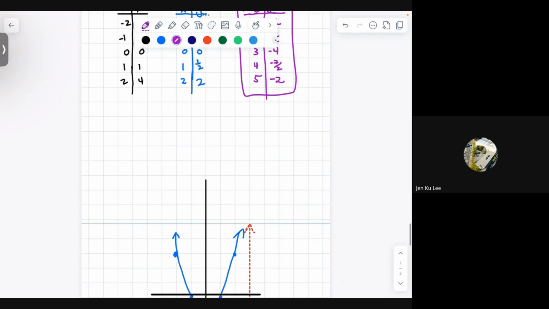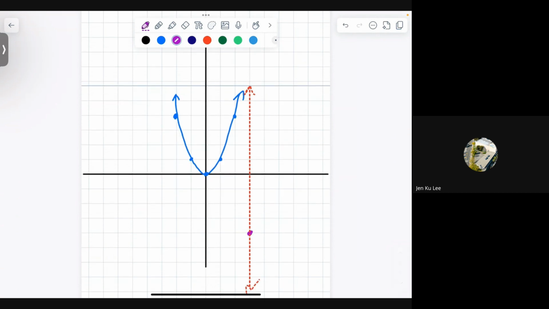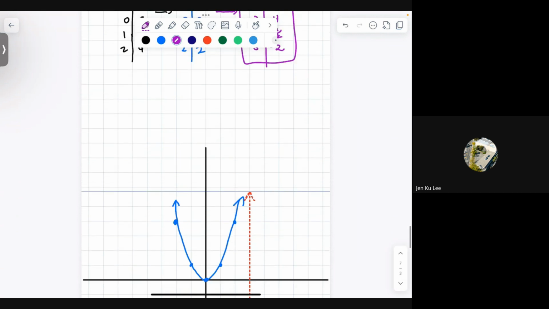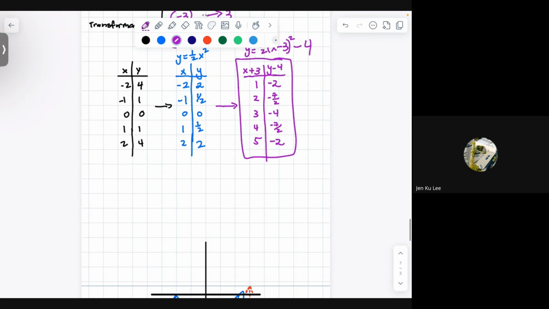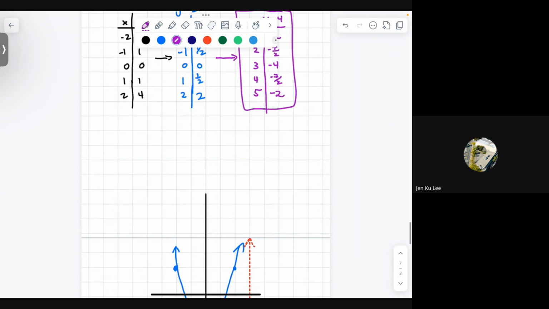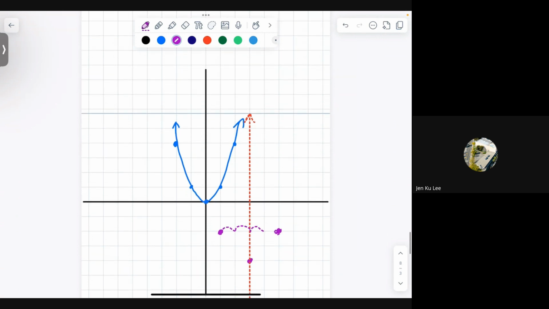Now that's (3, -4). (1, -2) is right here. So since that point is 2 units away, go 2 units away again. Okay. All right. We got that. Okay, and then we got (1, -2), right?